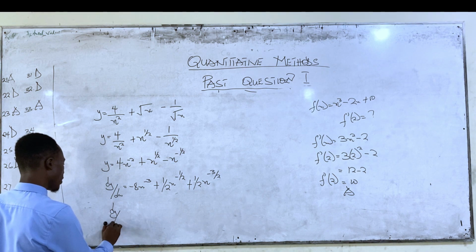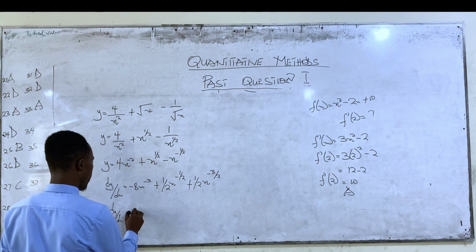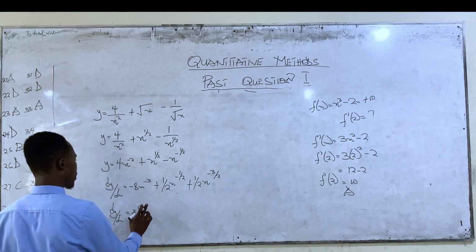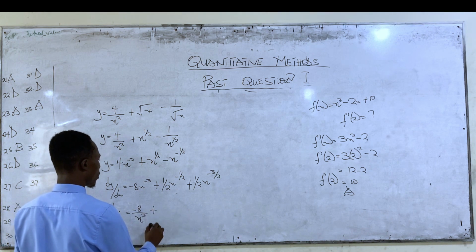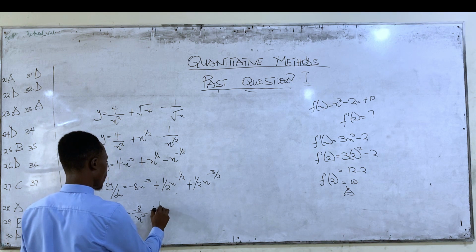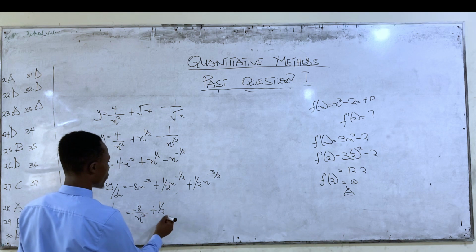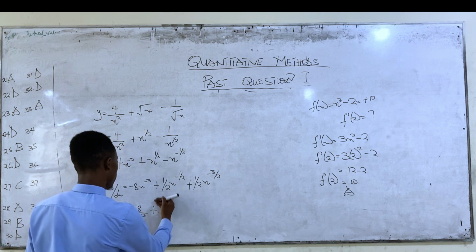So our dy dx is equal to, we have negative 8 here. Then when this x negative 3 comes down, it is going to be x cubed. I hope you know that. Plus, we have half here. So half x, then, so let me put it this way.